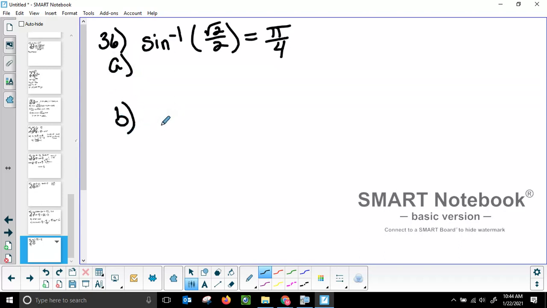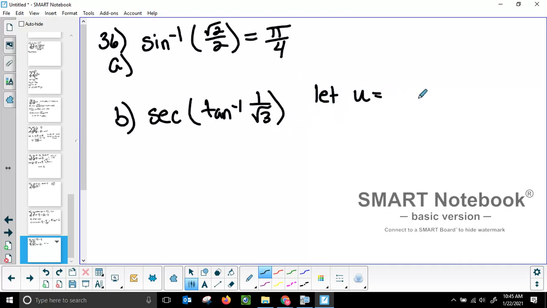B says, what is the secant of the inverse tangent of 1 over the square root of 3? Okay, well here, this is when we say, okay, let u equal the inside stuff.